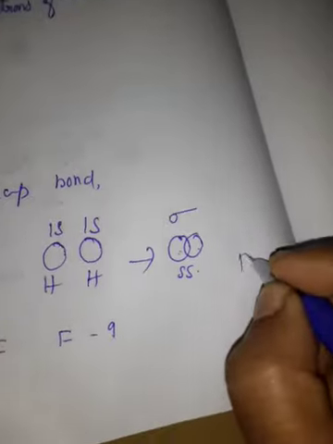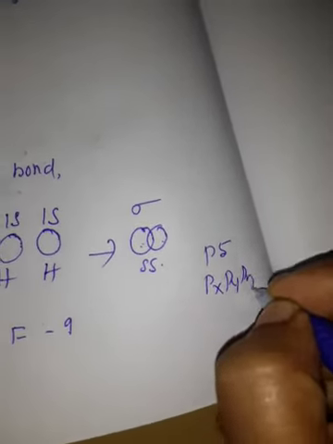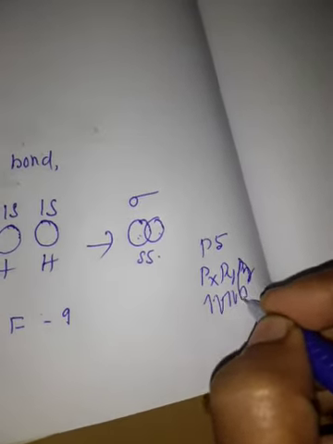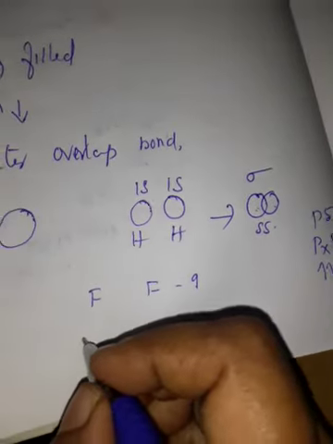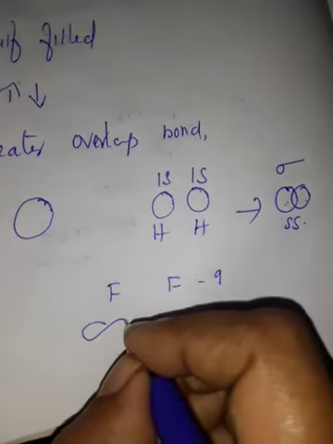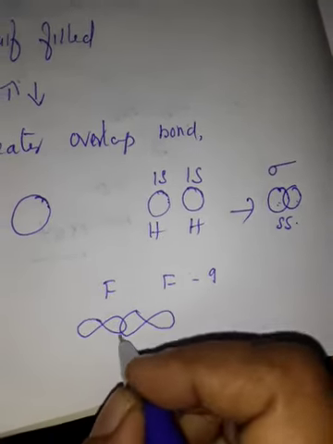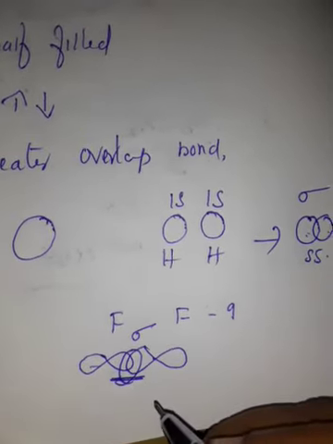The p orbitals are px, py, pz. The pz has 1 electron, and it overlaps with the pz of another fluorine. This is called a sigma bond, p-p overlapping.